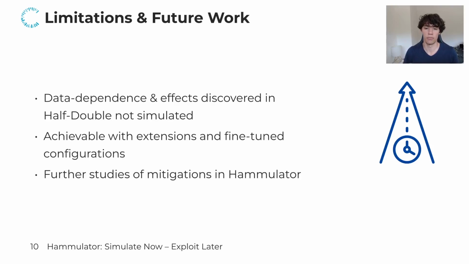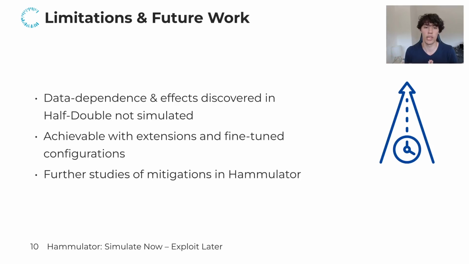Okay, so let's finish up with some limitations and future work. As you probably noticed, we don't model any data dependence. DRAMSim3 does not do that either. You could do that in some extension to Hammulator, and we don't support the effects discovered in Half-Double. So basically, we don't need access to a near neighbor.